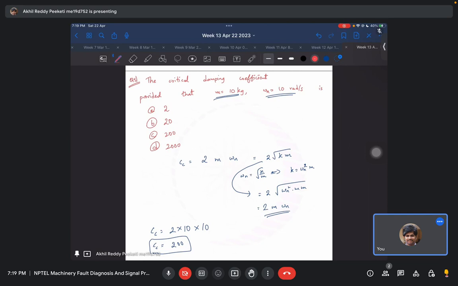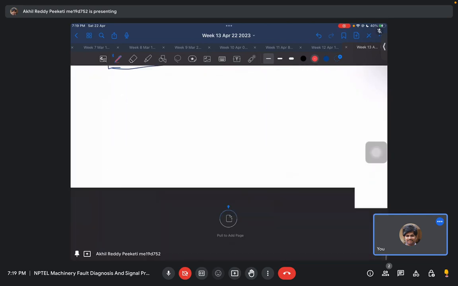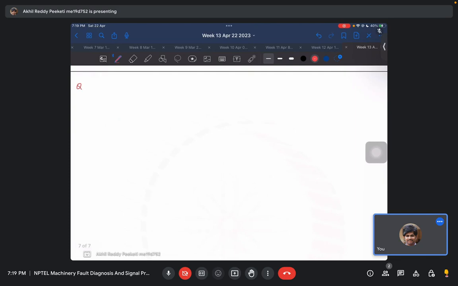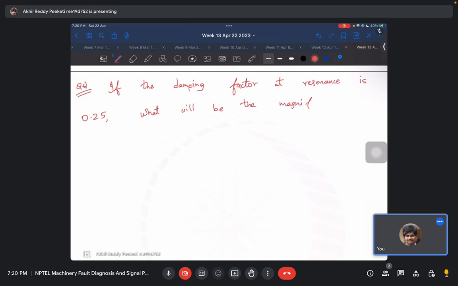Okay, let's move to the next question. If the damping factor at resonance is 0.25, what will be the magnification factor?